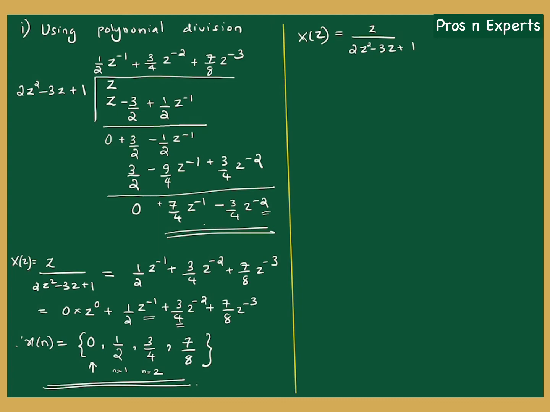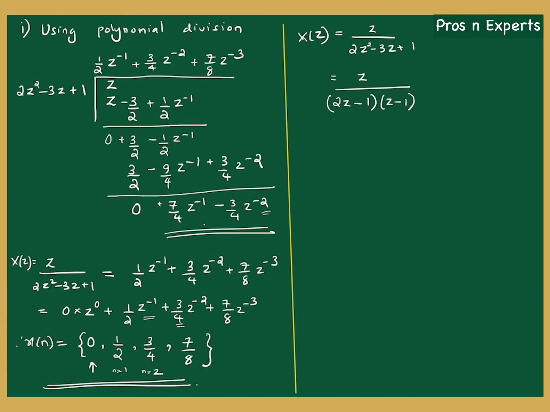Now you can find the denominator is actually factorizable. If you work it out properly, the denominator can be factorized as 2z minus 1 into z minus 1, right? 2z square minus 3z plus 1, right? So we can factorize it like this.